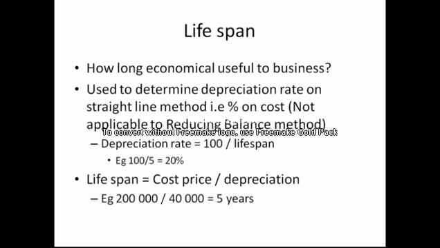So if the cost price of our vehicle is 200,000 Rand, and we already calculated that we use 20% depreciation on the cost price method, then 20% of 200,000 is 40,000 Rand. So if we divide the 200,000 by the 40,000 Rands depreciation, then we will get 5 years again as our lifespan.